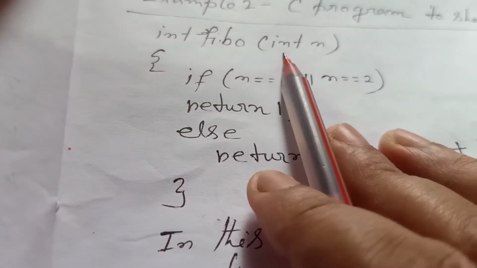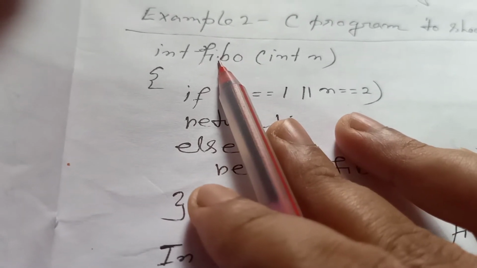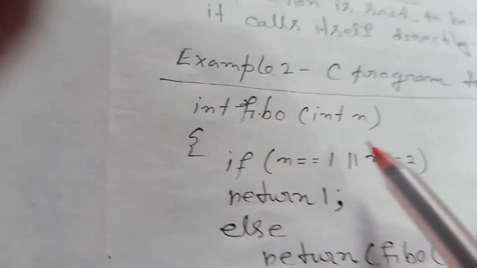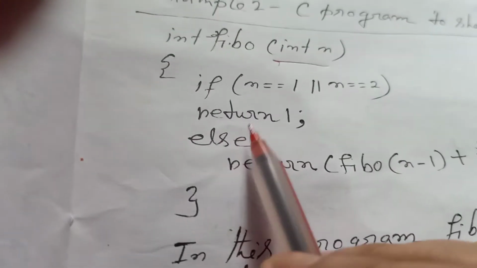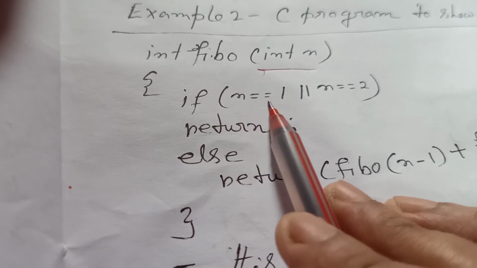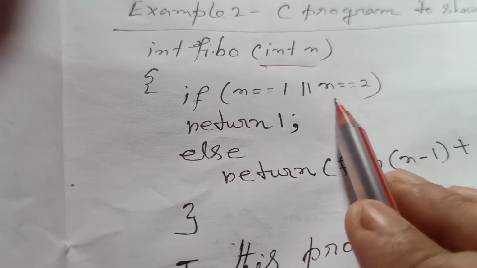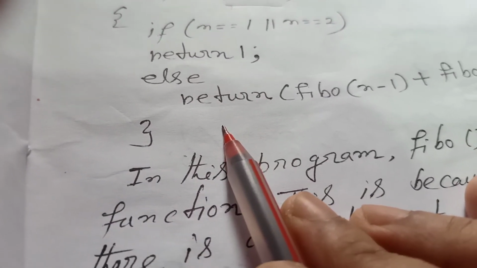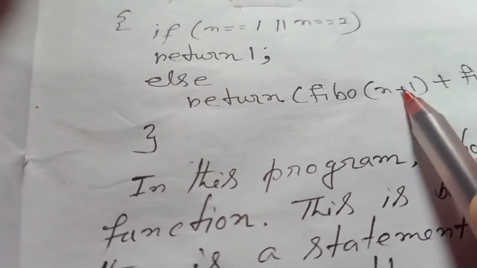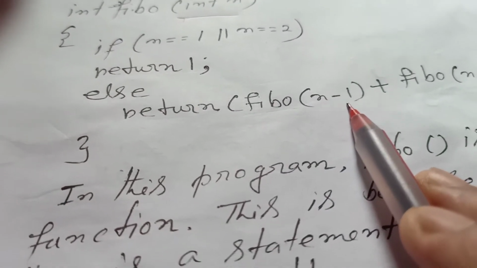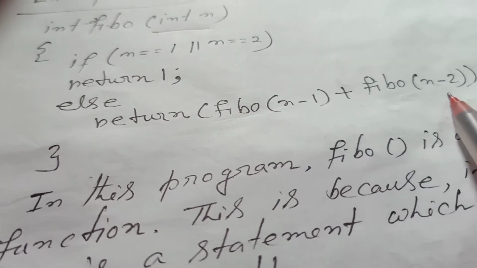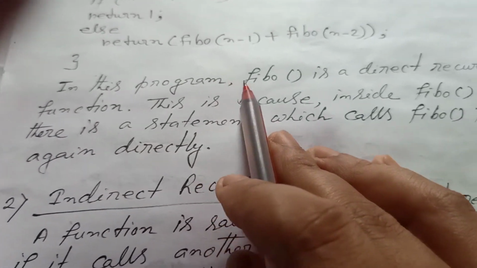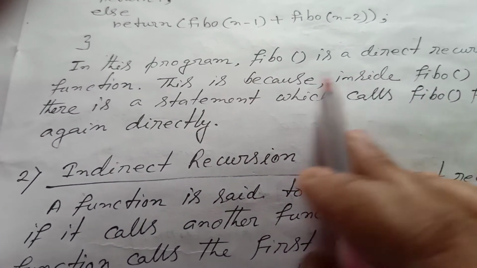So int fibo is the recursive function and the argument is int n. If n equal to 1 or n equal to 2, then it returns 1, else it returns fibo of n minus 1 plus fibo of n minus 2. In this program fibo is a direct recursive function.